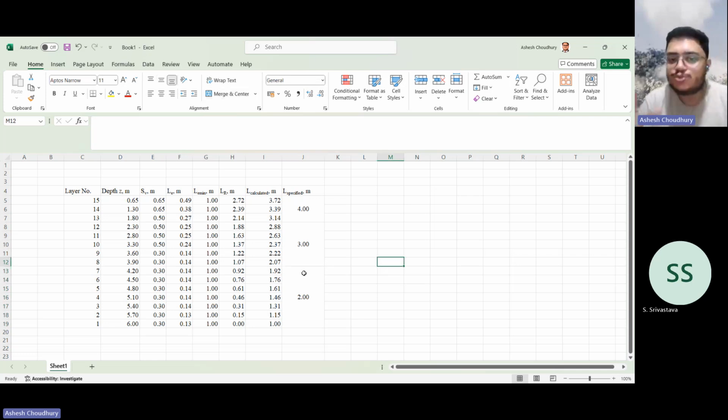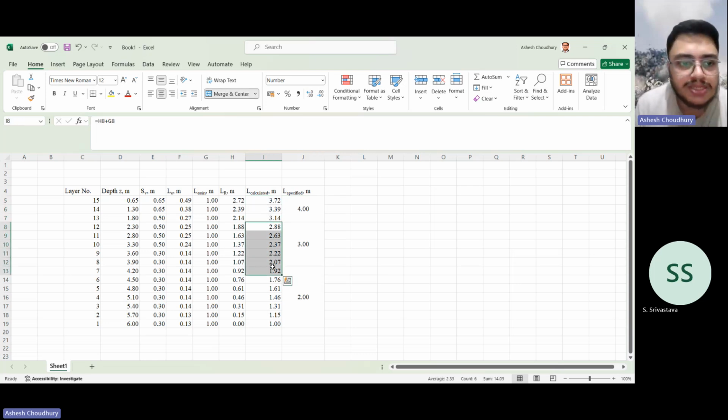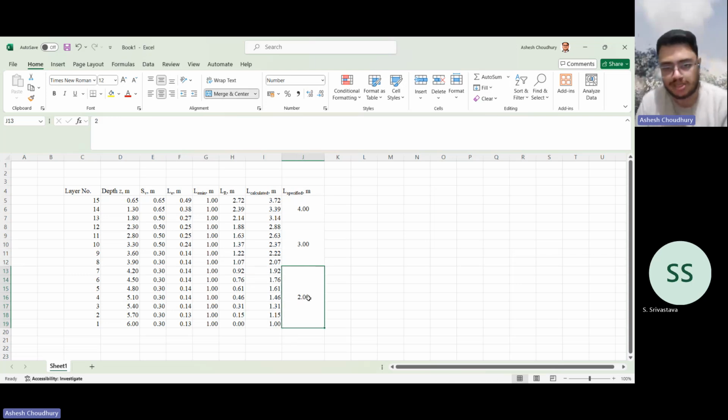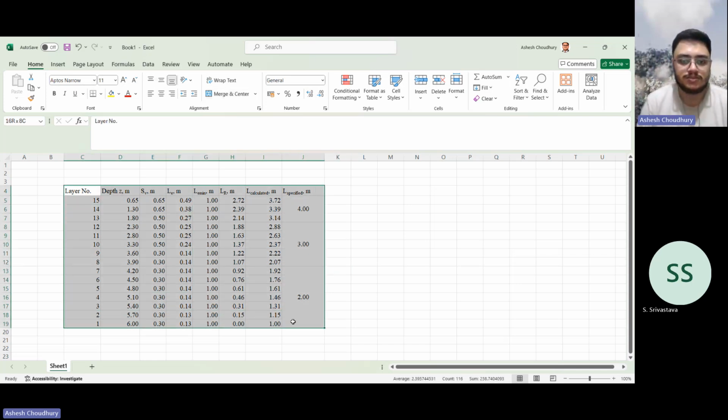So for these three layers we specified 4 meter, then from this layer to this layer we specified 3 meter, and from this layer to this layer we specified 2 meter. We just simplified it so that we can implement easily. Obviously higher length we have to specify so that our design is safe, right? So this is how we need to do it.